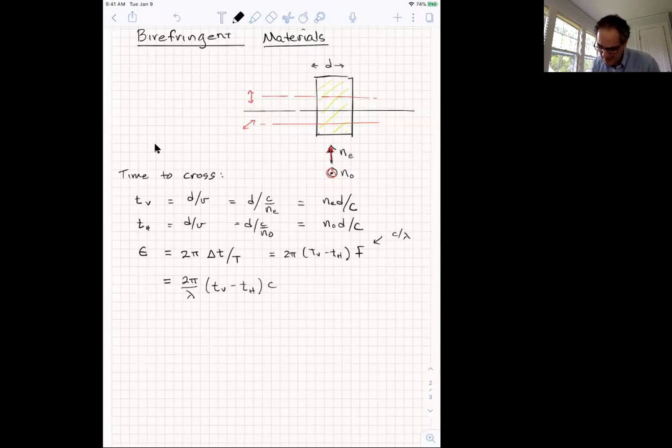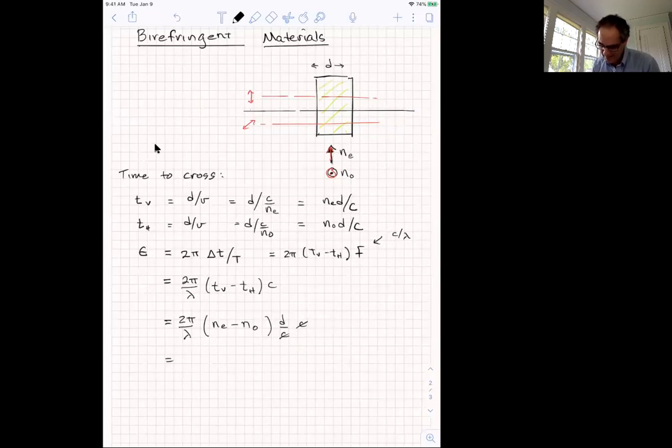Finally, let's put in these times. Then we have 2 pi over lambda. Well, Tv is Ne times d over c, and Th is N0 times d over c, and then we have to multiply all this by c. Now the c's cancel out.